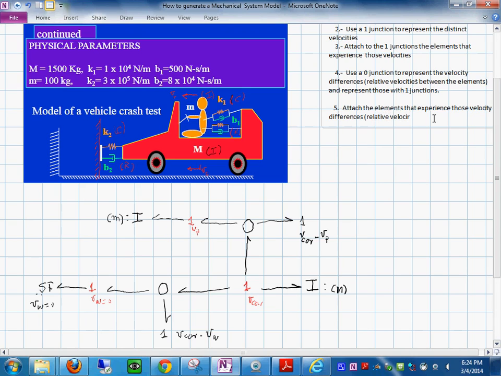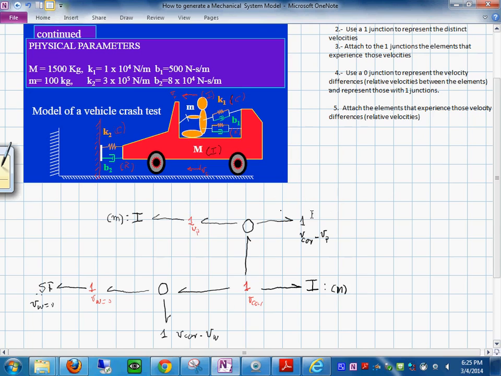When we speak about relative velocities, it means a velocity of one mass with respect to the other. So in this case, you could see that very clearly between the car and the person. So here's the person, this is the car. Between these two, we have this difference in velocities. But these elements, in fact, see that difference.